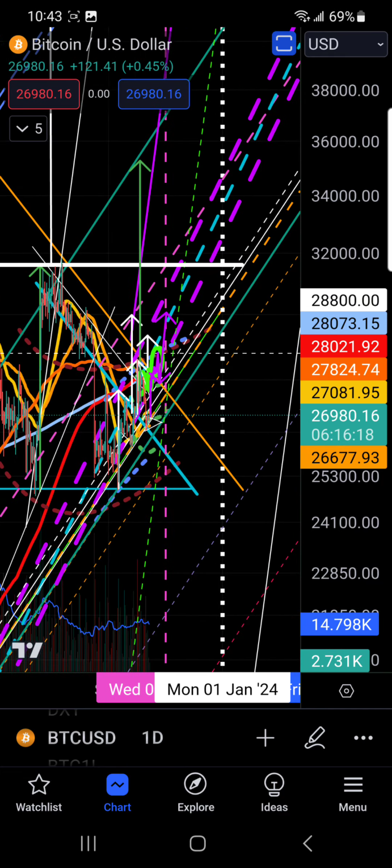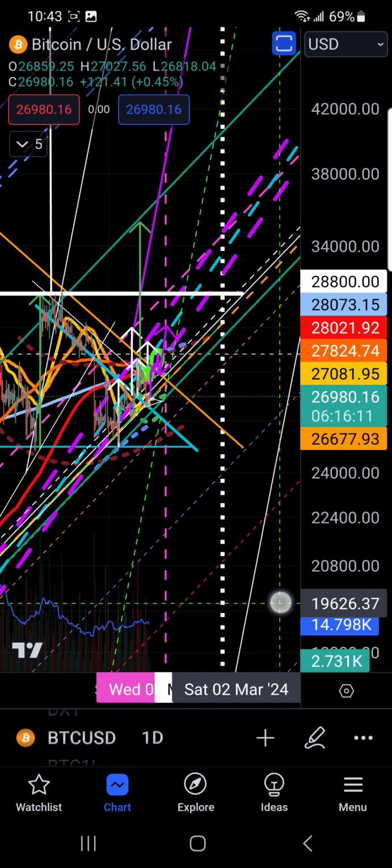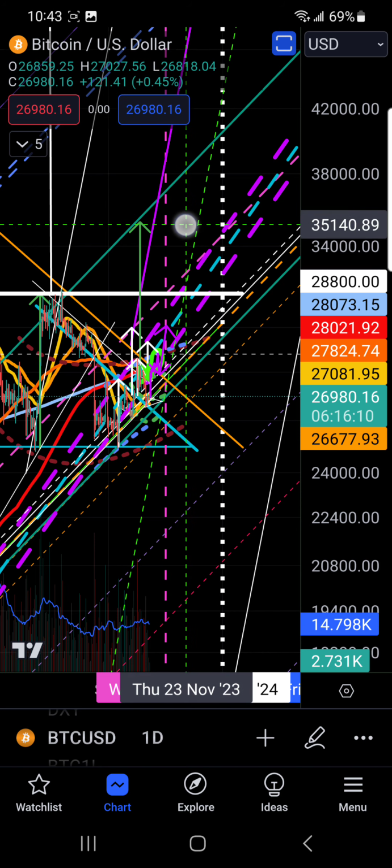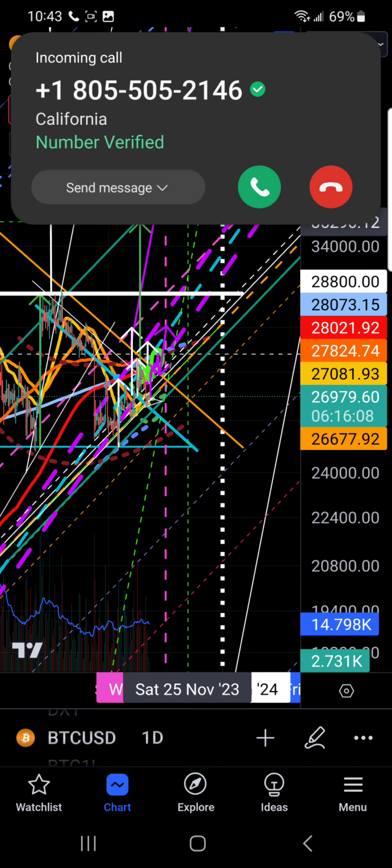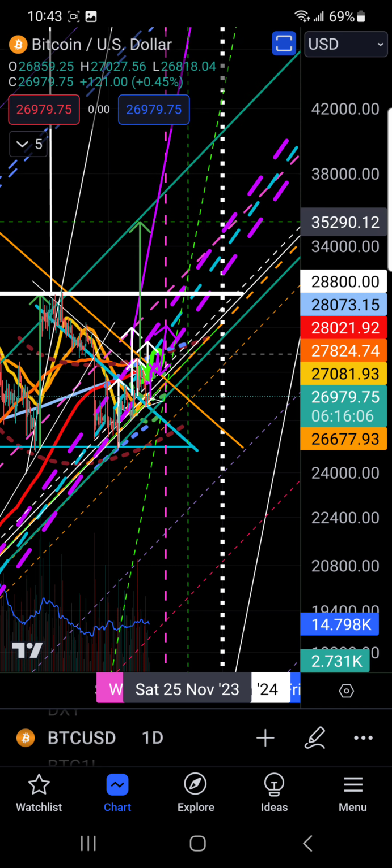But the target from this larger orange triangle is up here, this green line at about 35,290. Yeah, that should get us into the 30s.